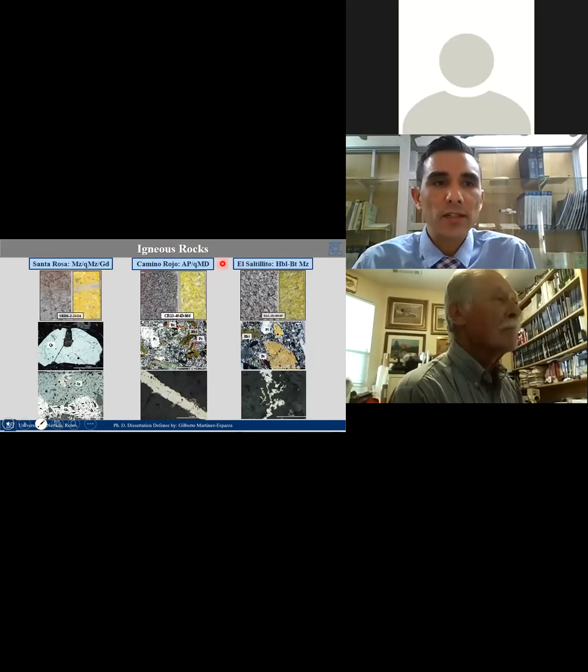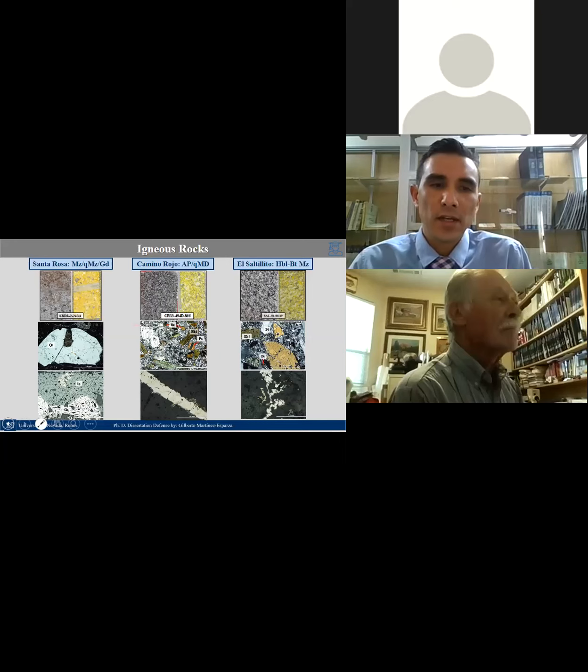At Santa Rosa, we have monzonite, quartz monzonite, and granodiorite. It's the same thing as at Alaverna. Granodiorite is more related with the chimney type mineralization at Zuluaga, whereas the monzonite is related with stockwork and disseminated mineralization.